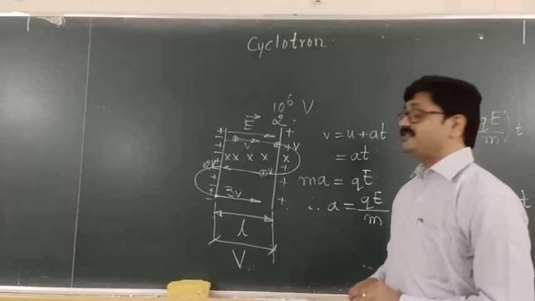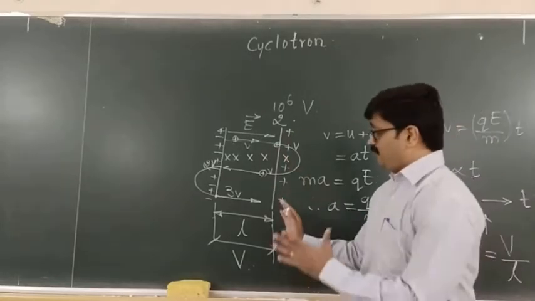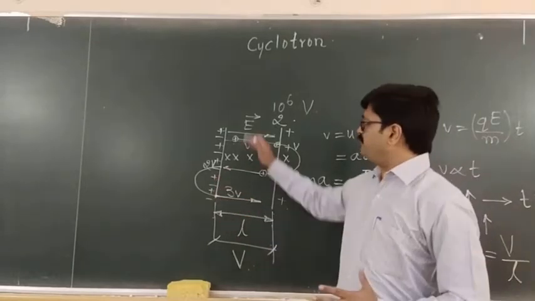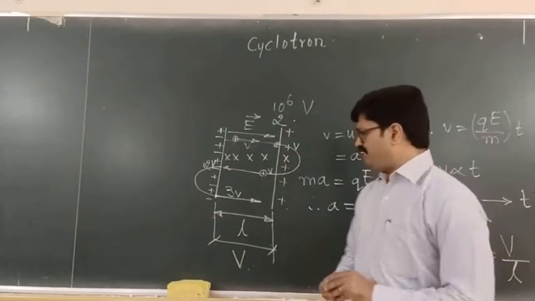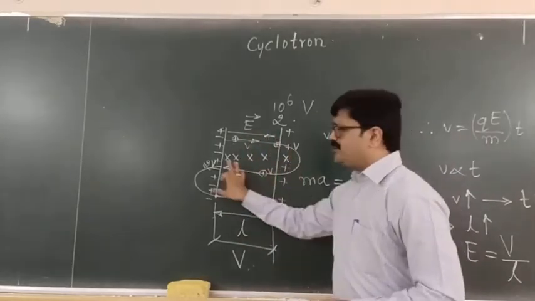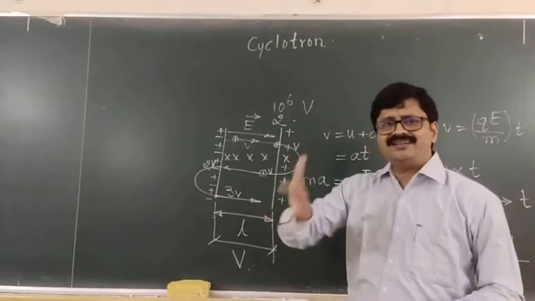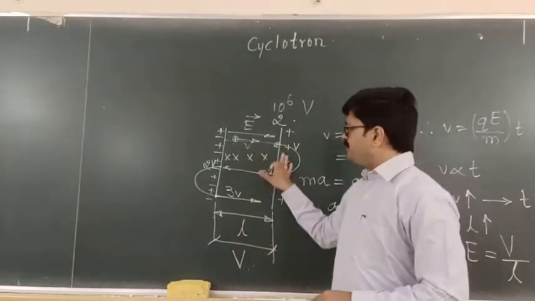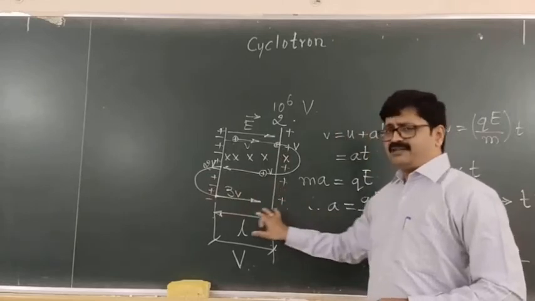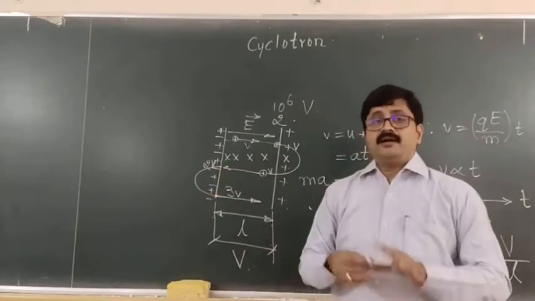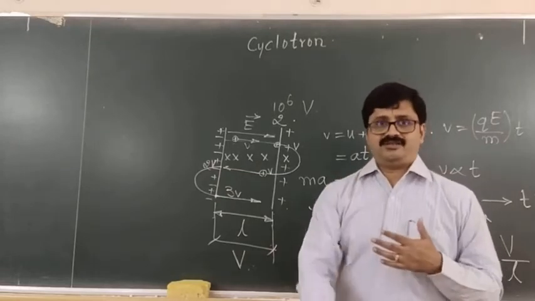Okay, so because of this reason, we need not make use of a very large distance, which would affect the electric field. Instead, we can maintain the same small distance, but we can alternate that electric field. We can interchange the direction of the electric field so that the charged particle will move in the reverse path and thus it can keep on adding up to its velocity.